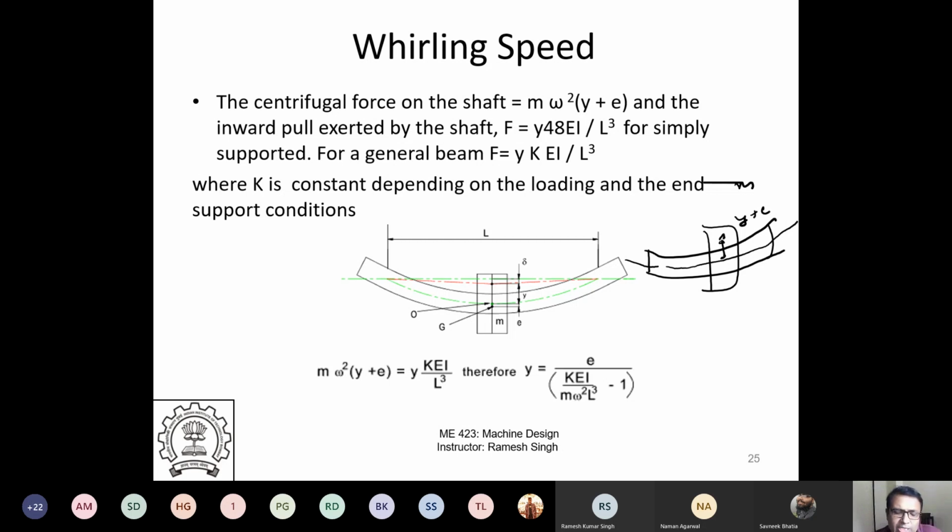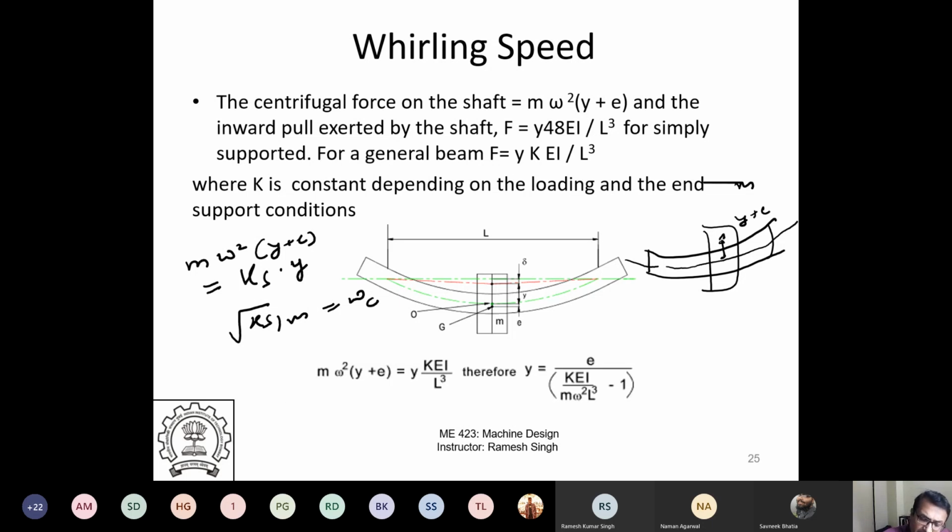So now what I can do here is, I know that m omega square (y plus e) is the centripetal force, and this is balanced by the elastic forces, which is ks times y. And I know that root over ks by m will be omega c, right?